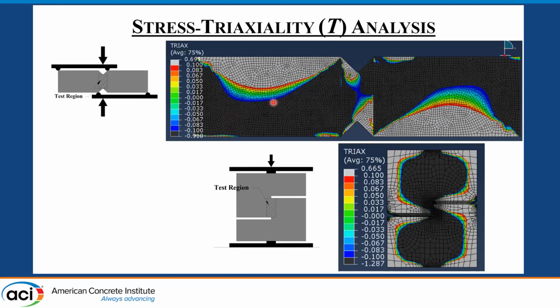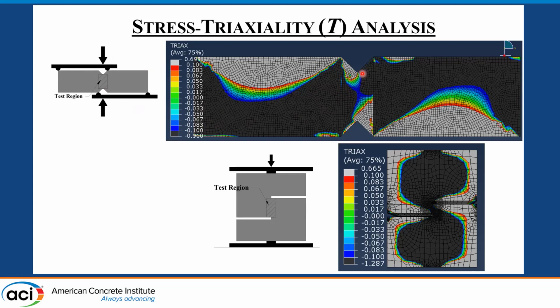So the plot here, the FEM analysis, again, this is the standard test configuration, the Iosipescu, you can call it. The FEM for triaxiality. So what you're seeing here is the color plot for triaxiality between 0.1 and negative 0.1. That is to just focus on the shear part of the geometry.